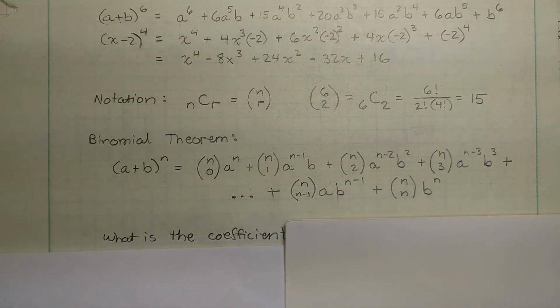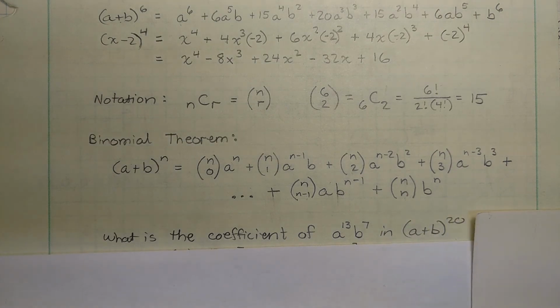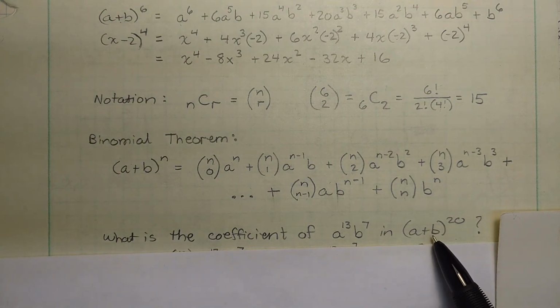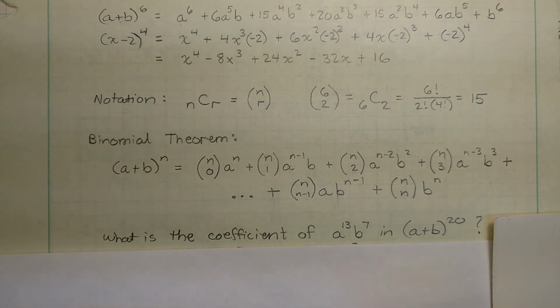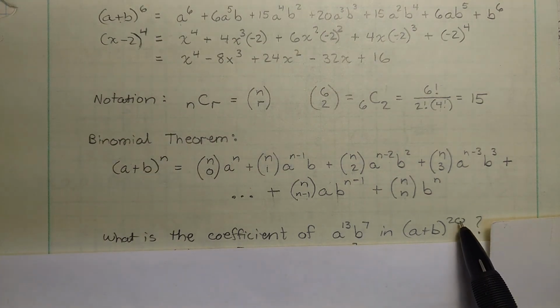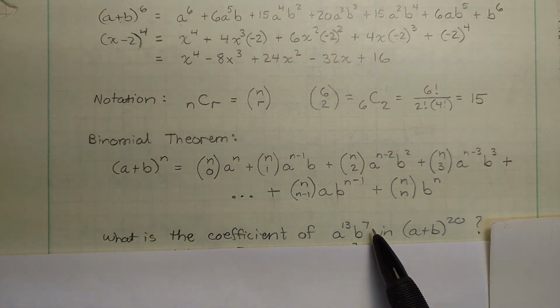So here's the kind of problem we'll actually have to do. We're not going to actually tell you to expand a plus b to the 20th, but we will ask you what the coefficient of the a to the 13th, b to the 7th term is in this. Well, the coefficient is going to be this leading part here. So I know that the n in my nCr must match the 20, and my r must match the 7.